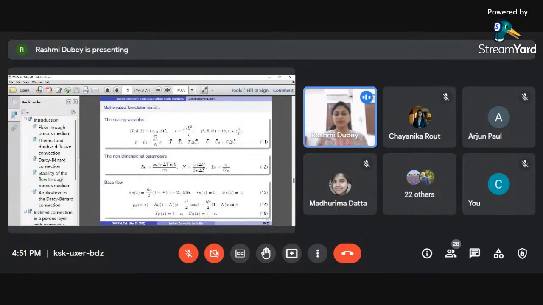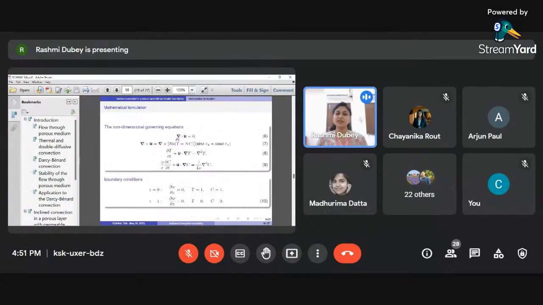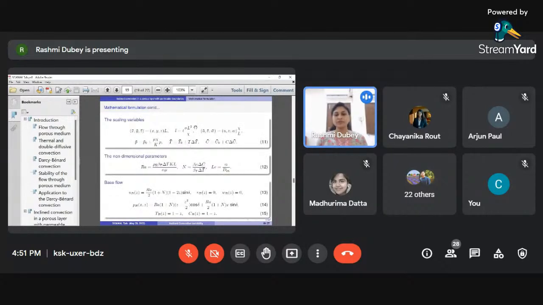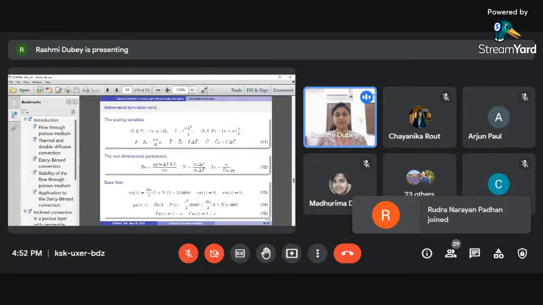Now, these are the scaling variables which we have used to parameterize the equations, and the given equations are already in non-dimensional form. We have a set of non-dimensional governing equations, and to obtain those equations, we have used these scaling variables. After parameterizing, we have three non-dimensional parameters involved in the system, and they represent three different factors.